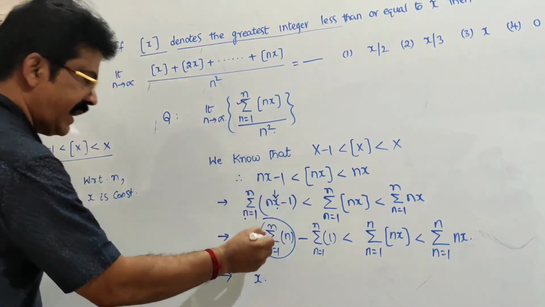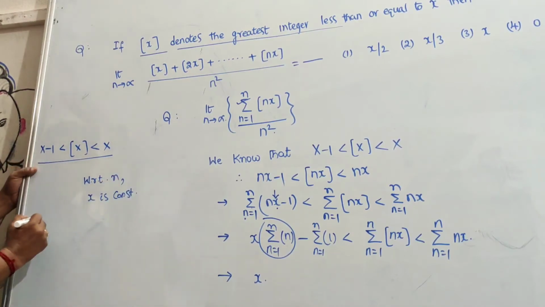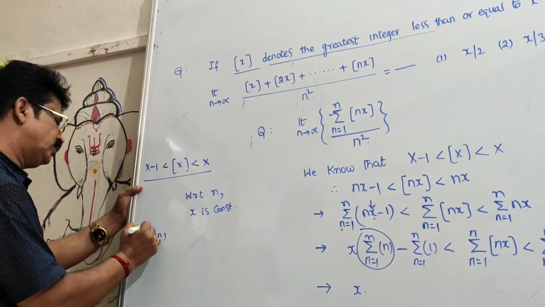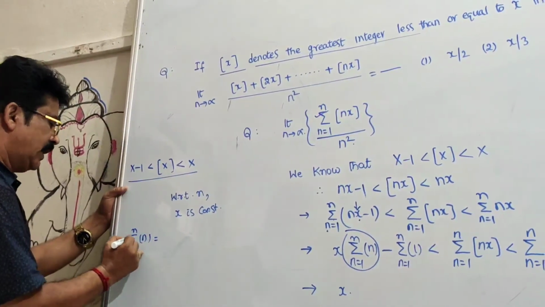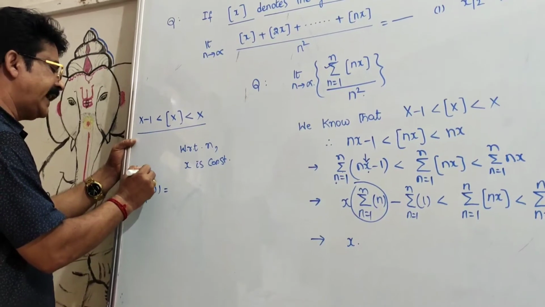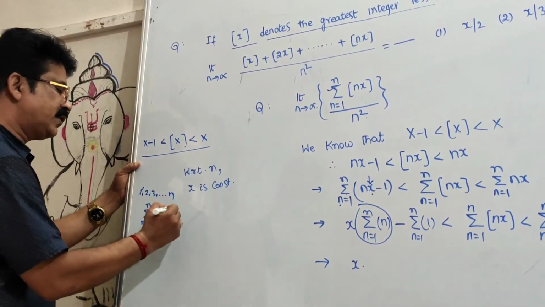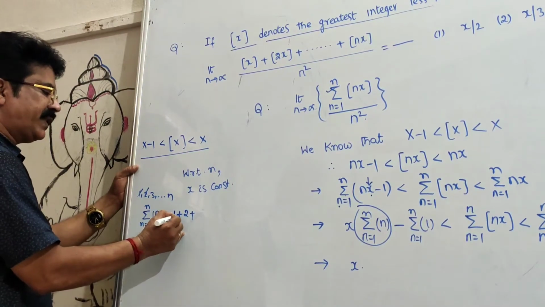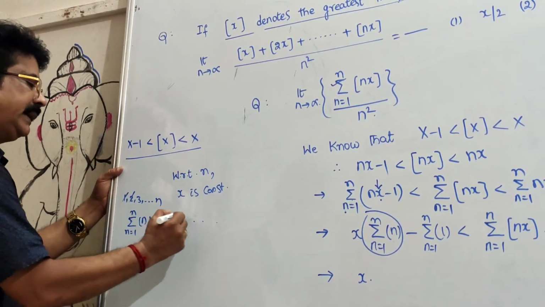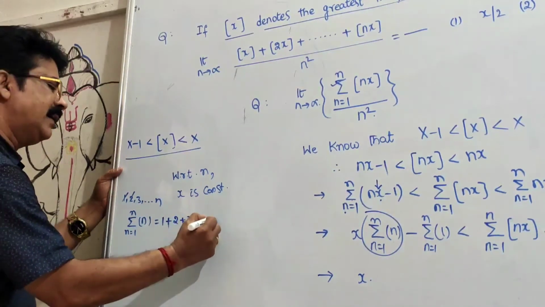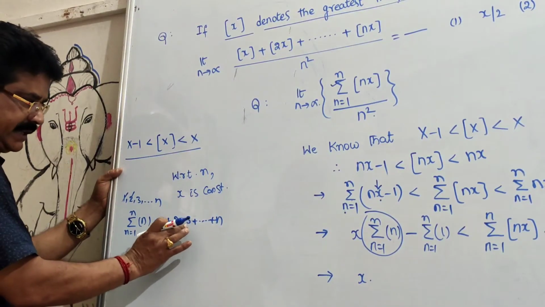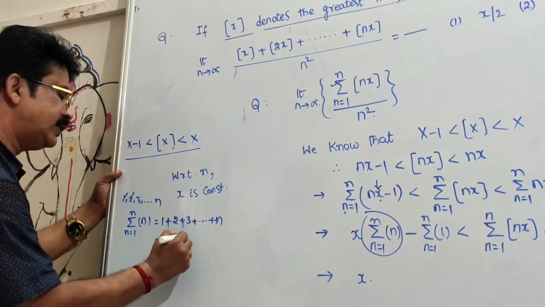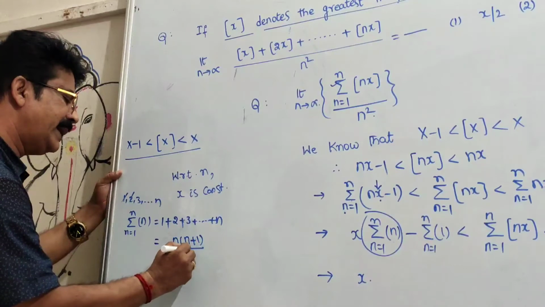Sigma n equal to 1 to n means first n equal to 1, plus n equal to 2, plus 3, and so on plus n, or it is the sum of n terms. So that is equal to n into n plus 1 by 2.